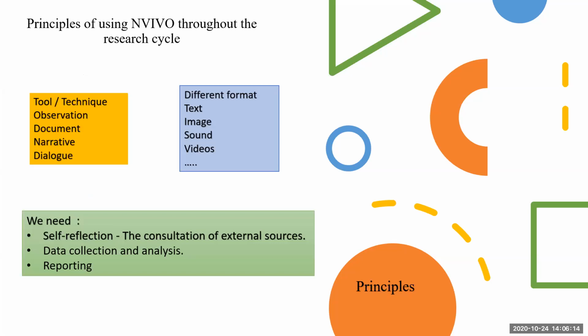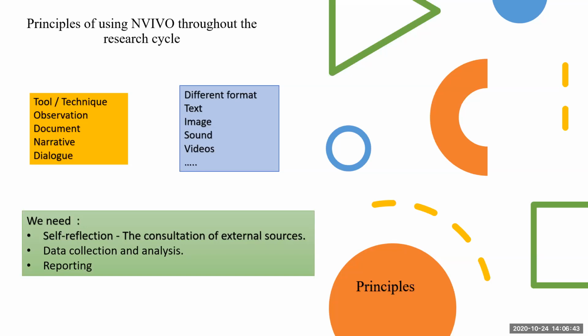We know that when we conduct qualitative research, we usually do interviews. This is maybe the most famous one. We also do document analysis sometimes. We can collect narratives, and we also conduct observations.